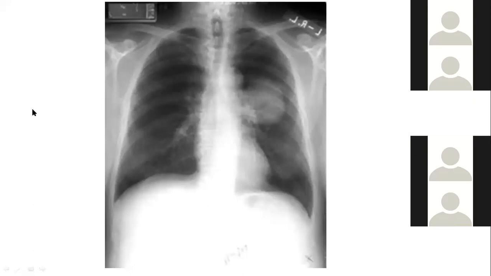Okay, so this is the first X-ray of the day. Can you type in the chat box what this could be? This is a chest X-ray, obviously. So what do you think it is? Can you describe the location of the abnormality?